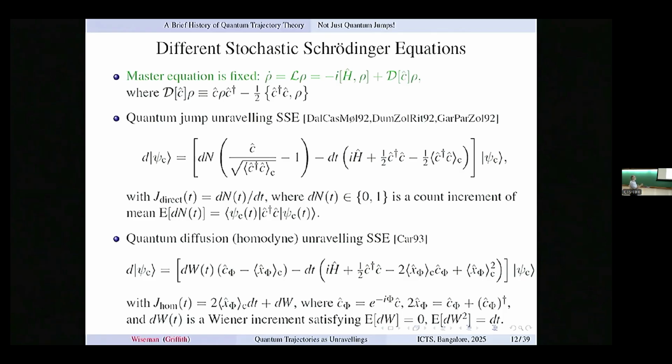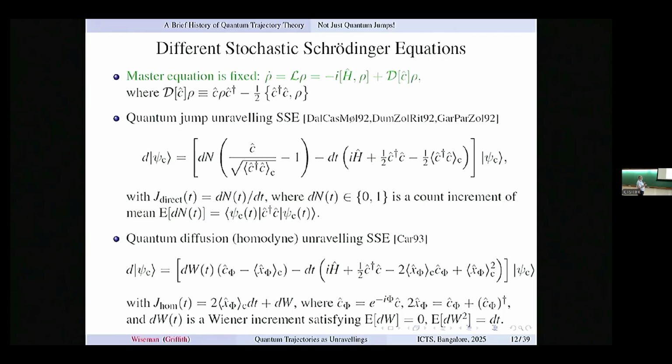So again, we've got a fixed master equation up here, as before, and this is the quantum jump unraveling. SSE stands for stochastic Schrodinger equation, if I didn't define it before. And if we write that out explicitly as a stochastic Schrodinger equation, it can look like this. Here dN is a counting process, so in any infinitesimal interval, it's either 0 or 1.